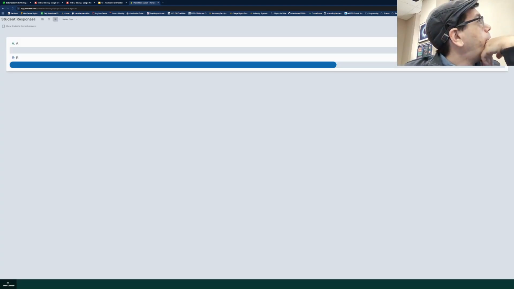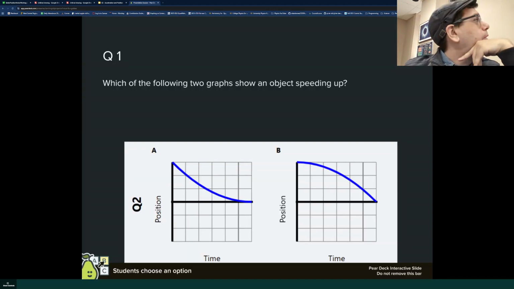Okay, so among those who voted, the unanimous vote is B. So how can we tell? It's getting a less steep slope, you know? Yeah.